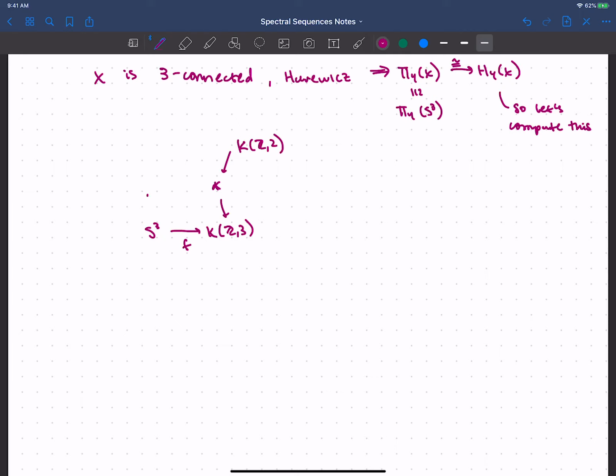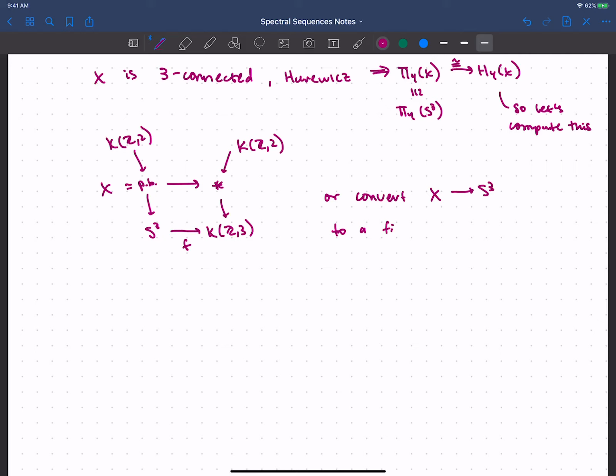Seen this one a lot. And now I can take the pullback, and this is supposed to be contractible. Okay, so I can take the pullback, and that fact told me that I should have the same fiber, KZ2. And this pullback is equivalent to our X that we started with. If you don't like that, you could say convert this map X to S3 that we had to a fibration.